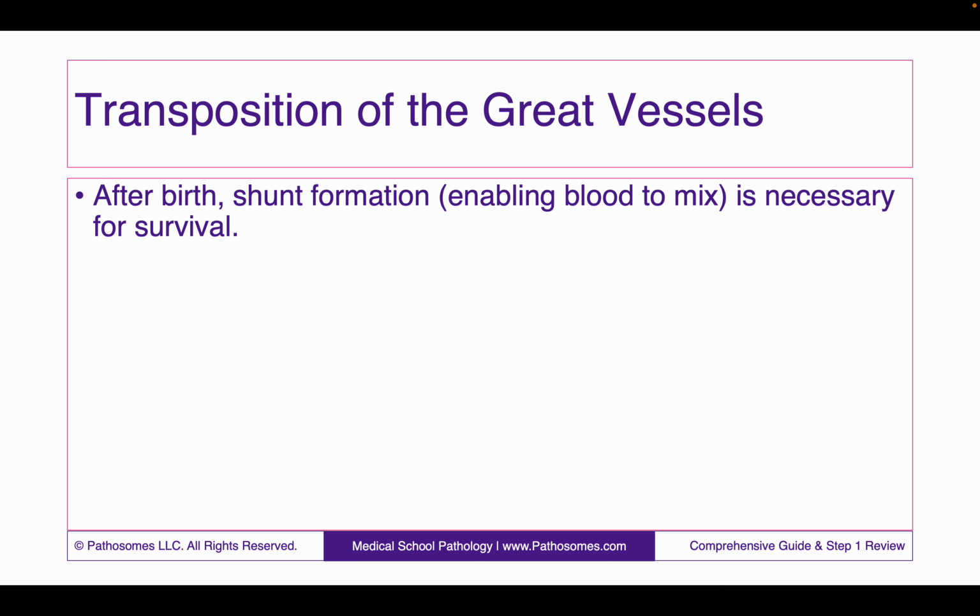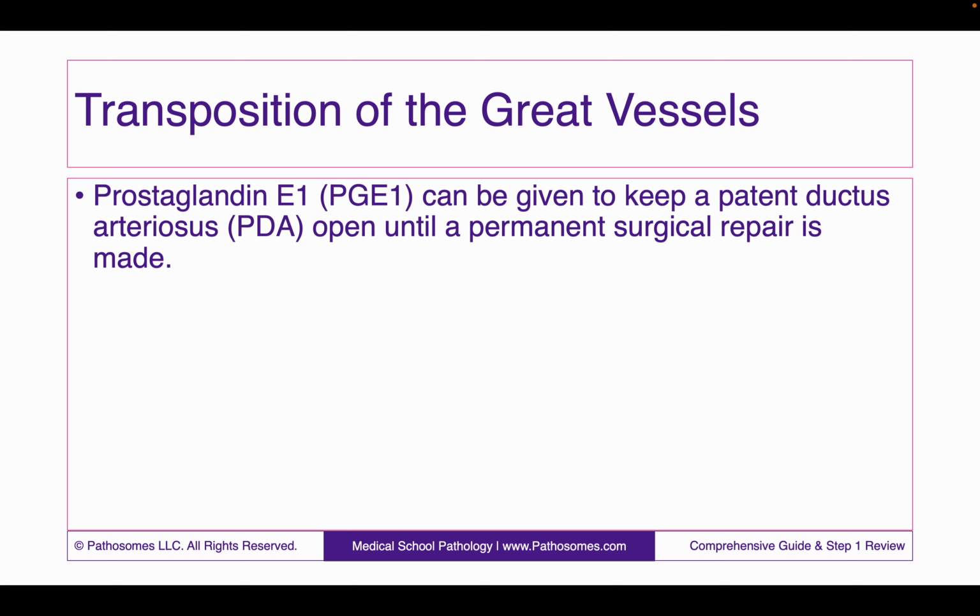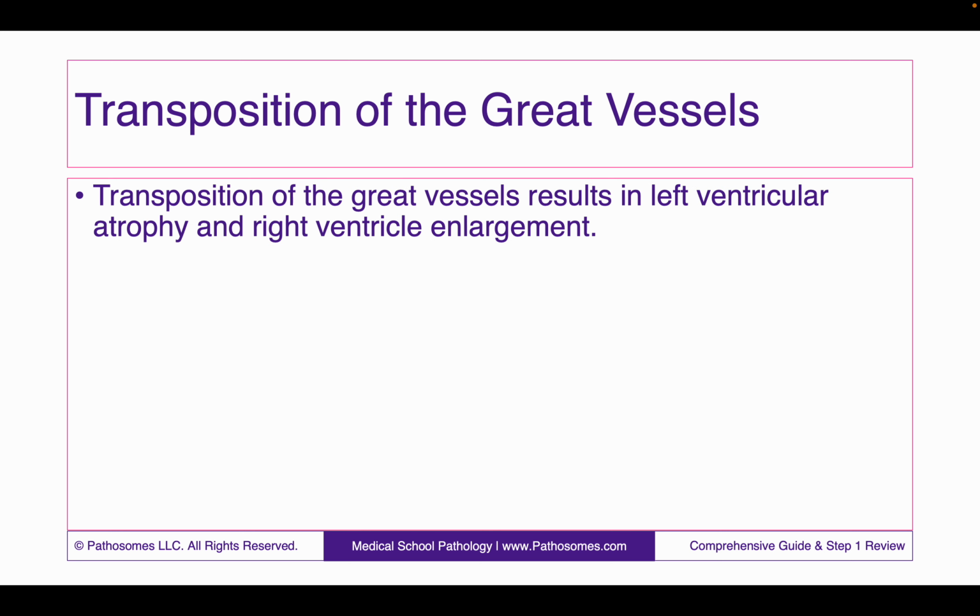After birth, shunt formation is necessary for survival. This enables the blood to mix. Prostaglandin E1 can be given to keep a patent ductus arteriosus open until a permanent surgical repair is made. Transposition of the great vessels results in left ventricular atrophy and right ventricle enlargement.